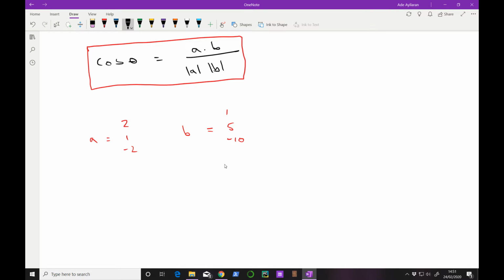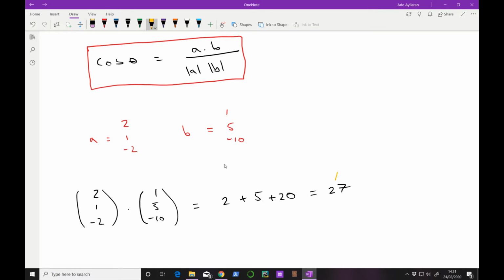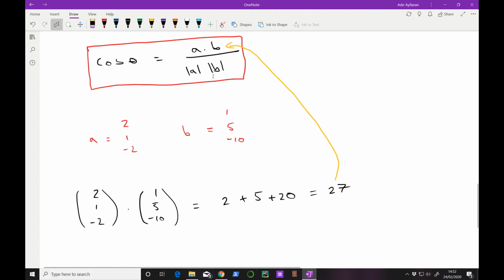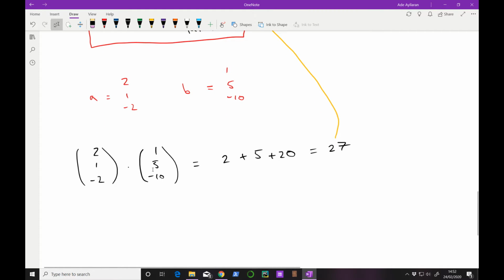So when we dot product those two, 2, 1, minus 2 dot product with 1, 5, minus 10, I'm going to get 2 plus 5 plus 20, which gives me an answer of 27. And that 27 is going to go on top here. Now, my magnitude multiplication is simply the magnitude of these two vectors.